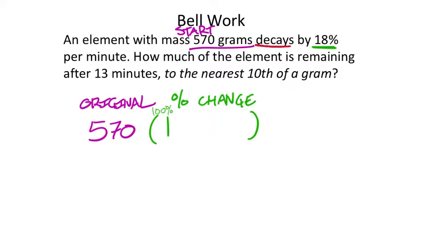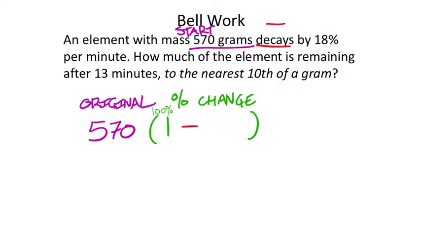Now, applied to this original value is a percent of change, and with the percent of change we always start with 1, because that represents 100%. You always start with 100% of whatever you start with. Then it says the 570 grams will decay, so the 18% is going to be subtracted from that 100%.